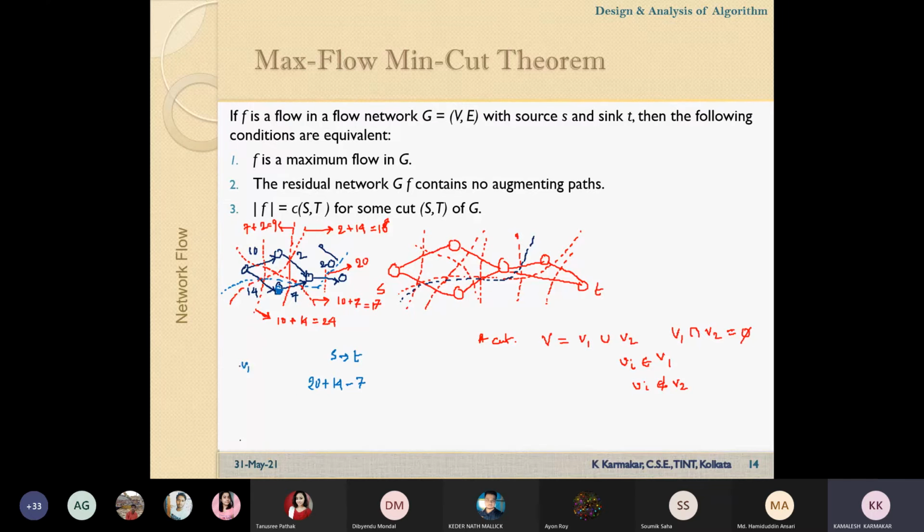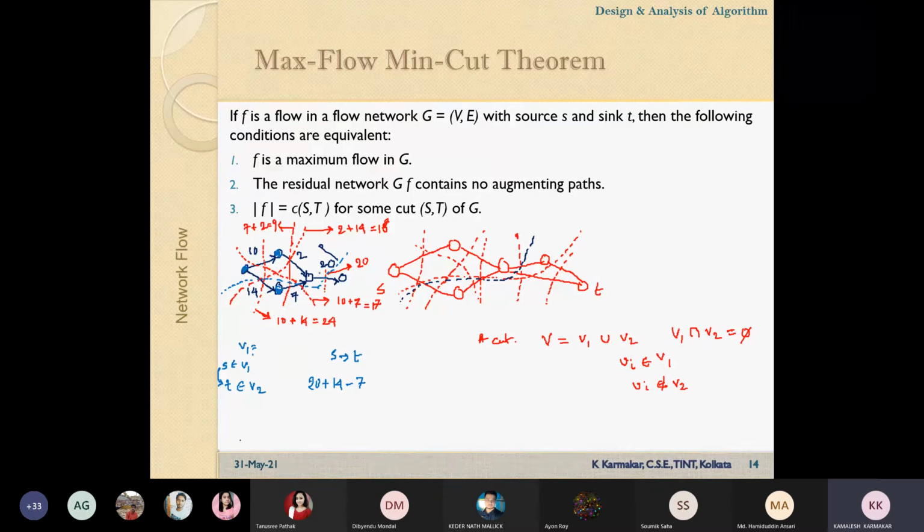So if the source vertex belongs to V1 and the sink vertex belongs to V2 according to our graph partitioning, then we have to calculate the flow from S towards T. Which vertices belong to V1?